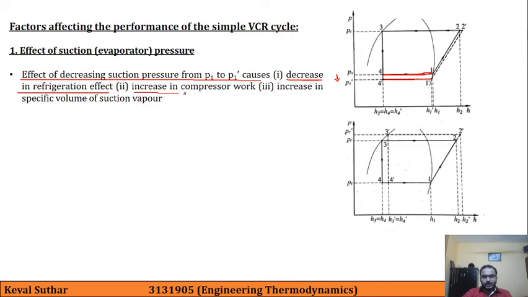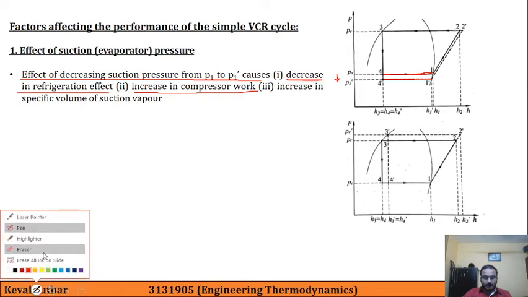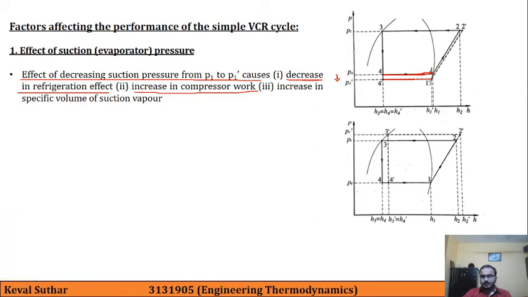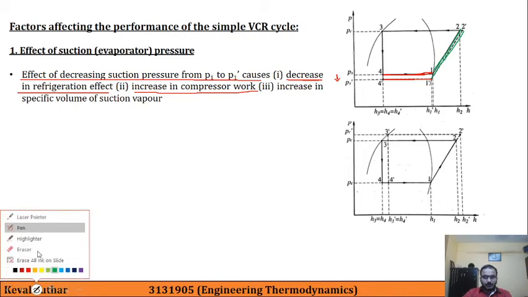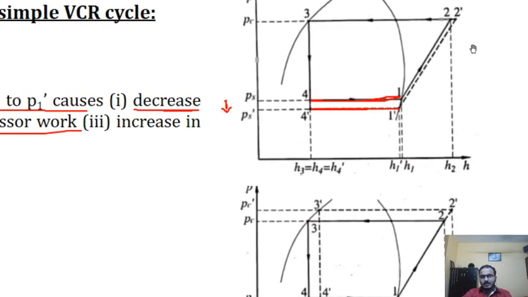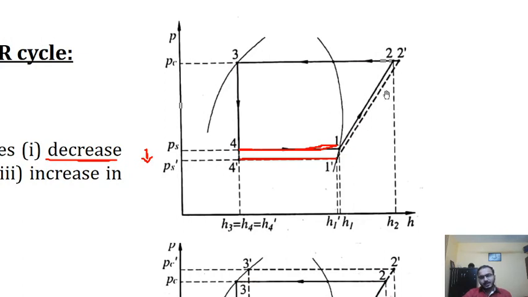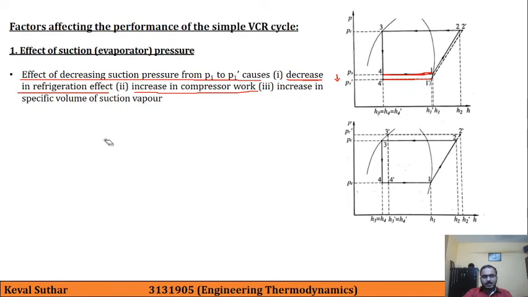Second is an increase in compressor work. How? The compressor work is 1 to 2, and here it is 1 prime to 2 prime. If you see carefully, because of the diverging nature of the isentropic lines, the distance of 1 prime to 2 prime is more than the distance of 1 to 2. That is, the compressor work has increased.